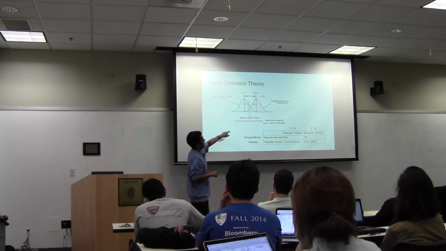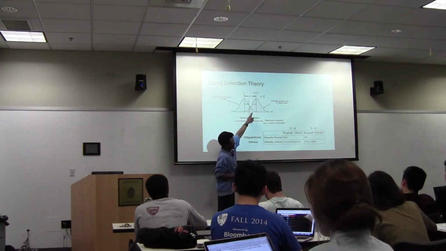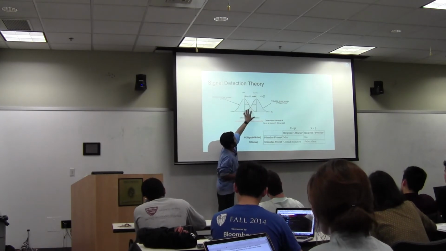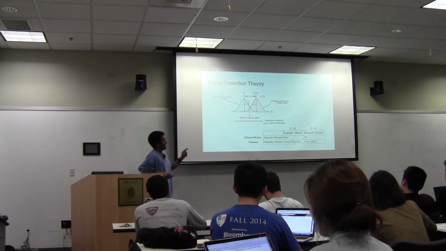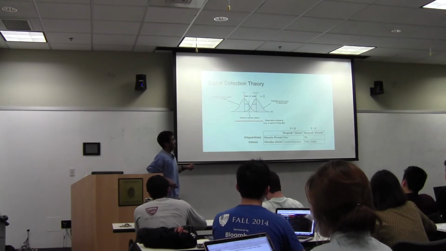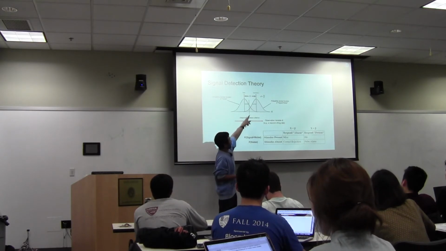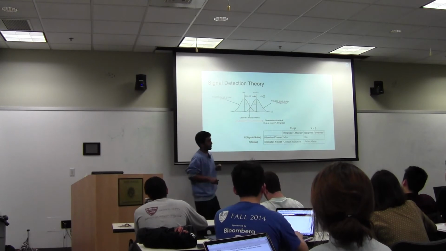So the false alarm area would be the area under the noise curve that's greater than this beta value. So that's this area under the Gaussian. If the stimulus is present, then the correct detection is the area above beta for the signal plus noise curve.